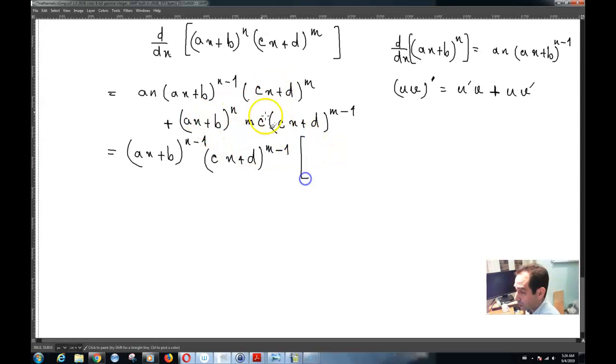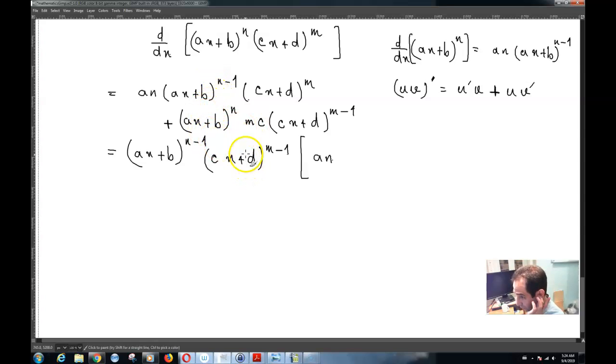And then I have a times n, and then (ax+b) raised to the power 0, so there I have nothing, just a 1.